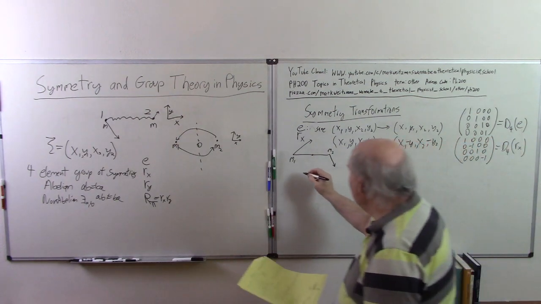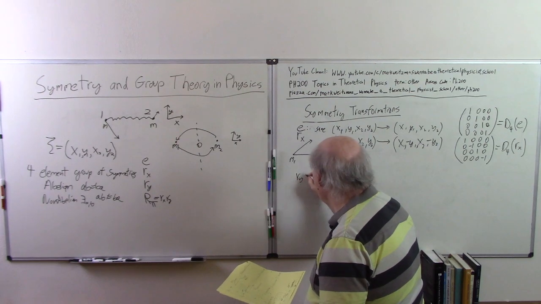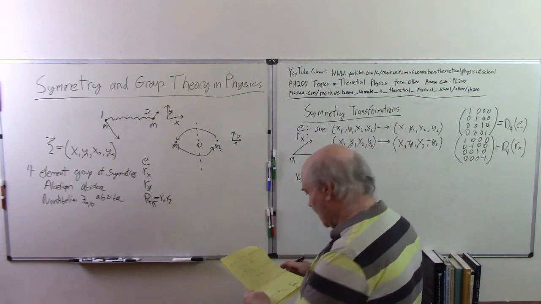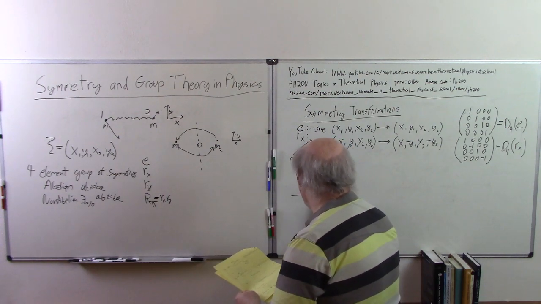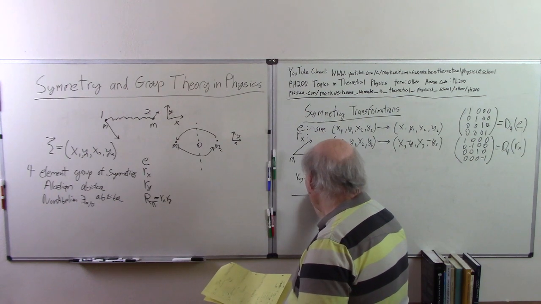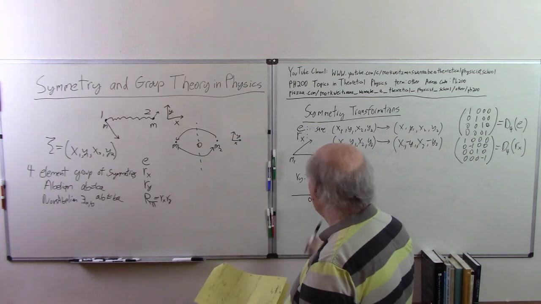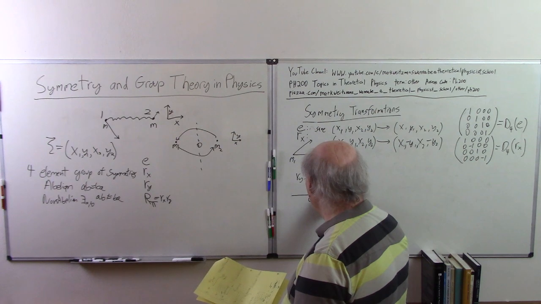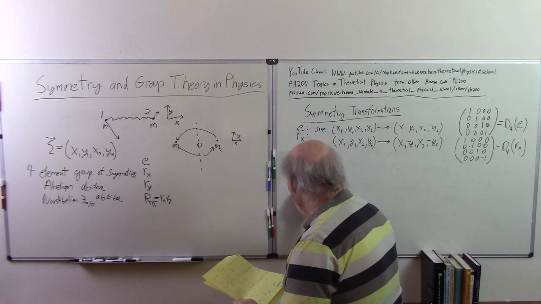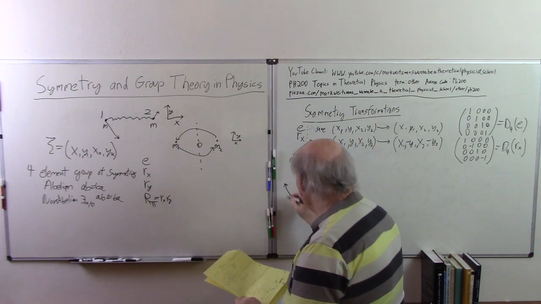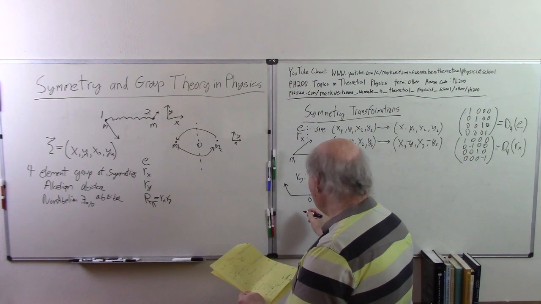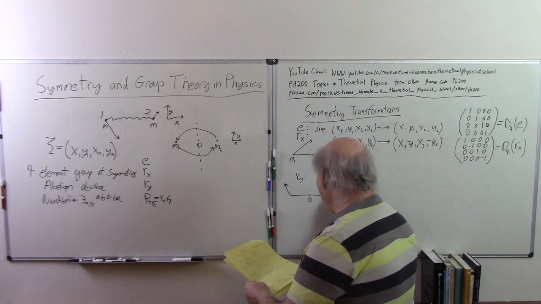Let's do Ry. Now we're flipping about this axis, and basically what was here is now going to become like that, and what was here is now going to be like that.